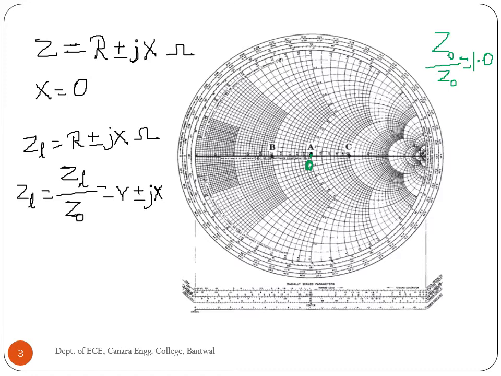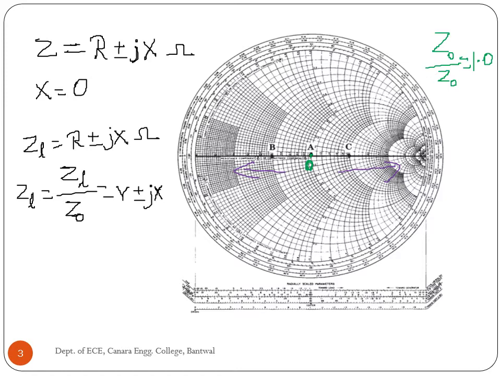To the left of the 1.0 point are decimal fraction values used to denote impedances less than the system impedance. Similarly, points to the right of the 1.0 are greater than 1 and denote impedances that are higher than the system impedance.